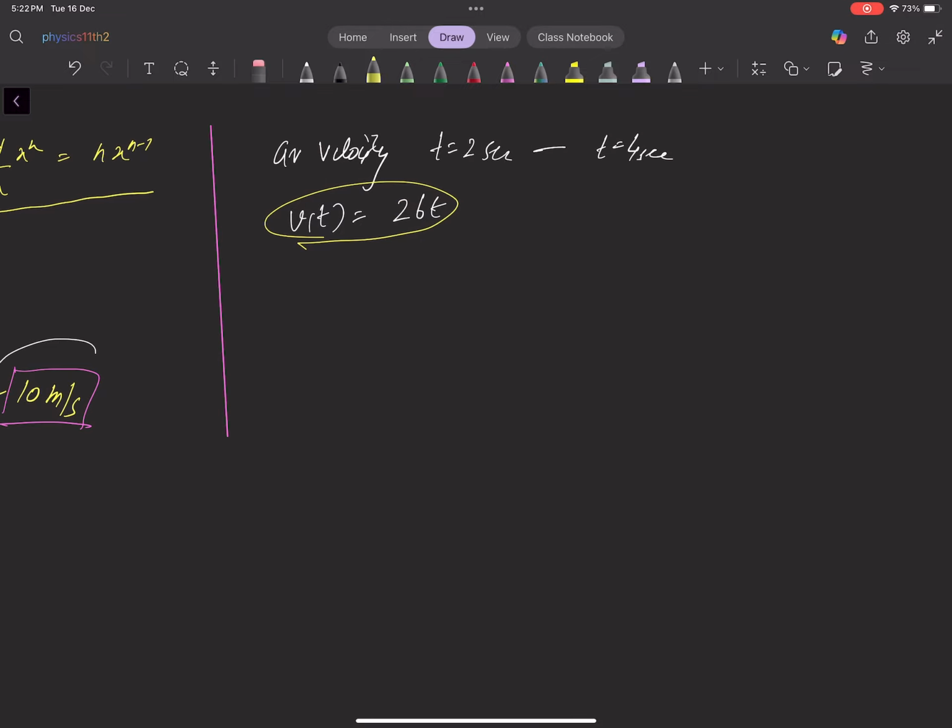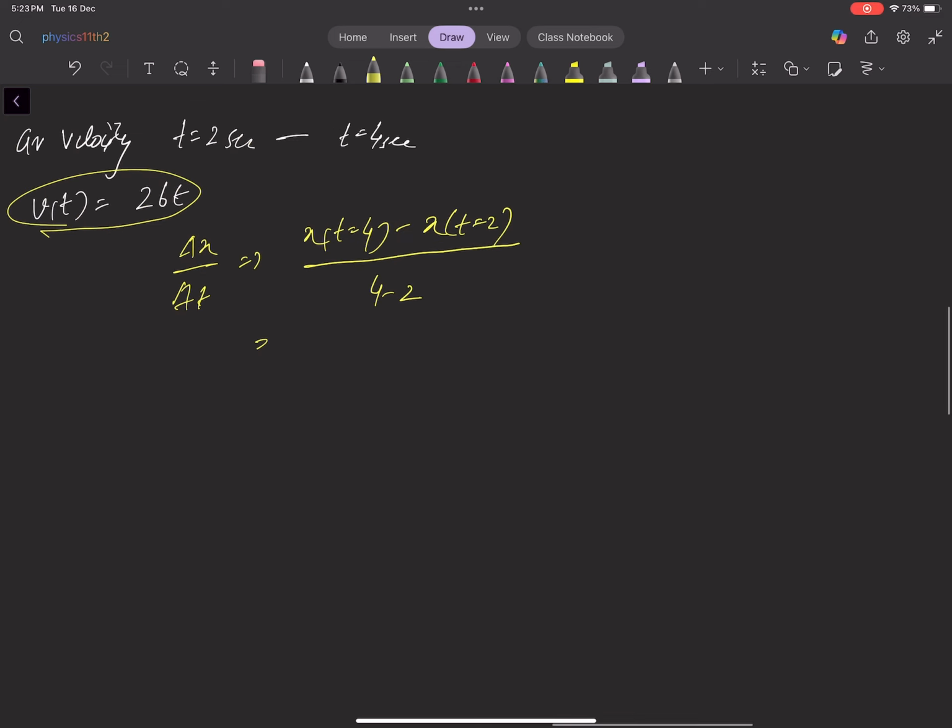What is average velocity? It is delta x divided by delta t. So what is delta x? It will be x at t equals 4 minus x at t equals 2, divided by 4 minus 2. So x is equal to a plus bt square.